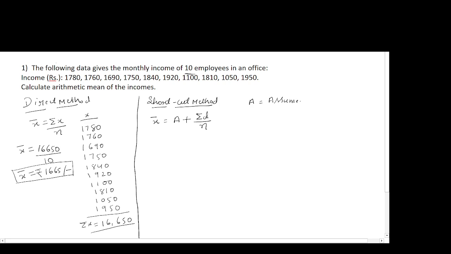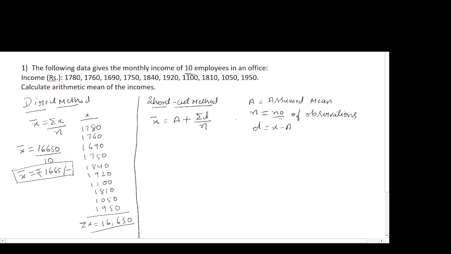I've told you while explaining the chart how to identify this assumed mean while solving the problem. Now I'll tell you what this assumed mean is and how to identify it. And we know that n is equal to number of observations. We also know D is equal to x minus A.